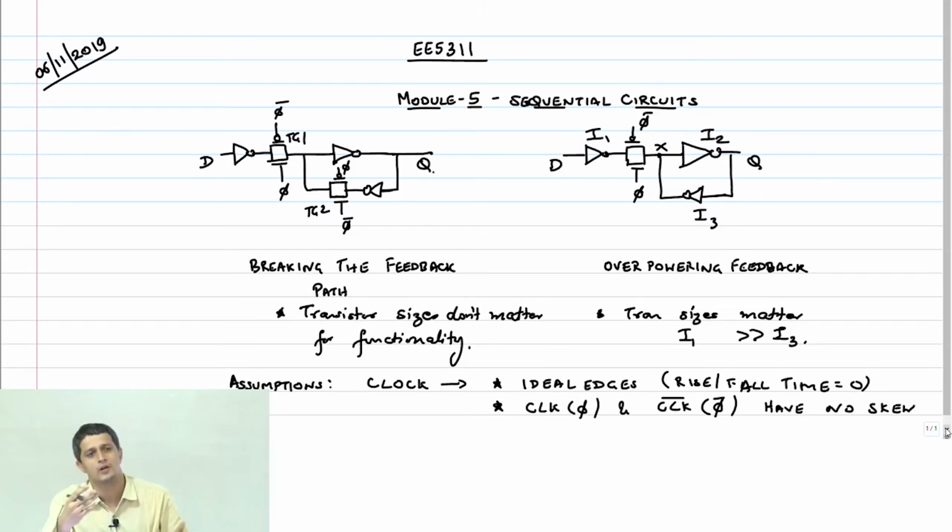We found that the hold time was basically negative or zero, because the clock is instantaneously shutting off. Now we will look at a simple example to understand what happens if this assumption does not hold.